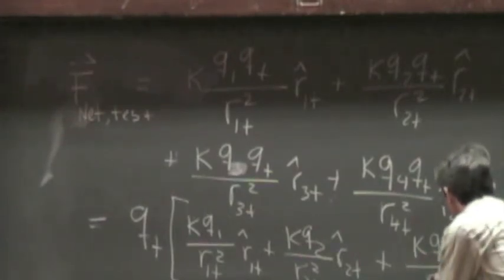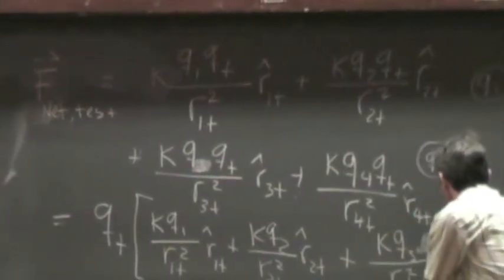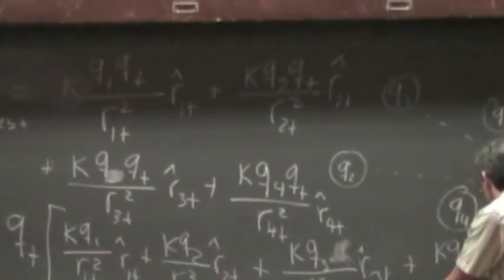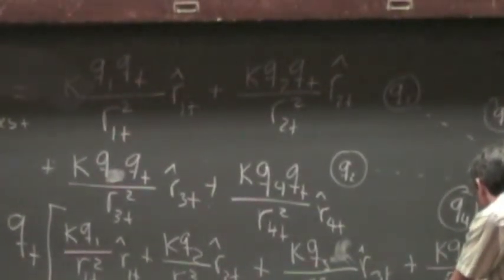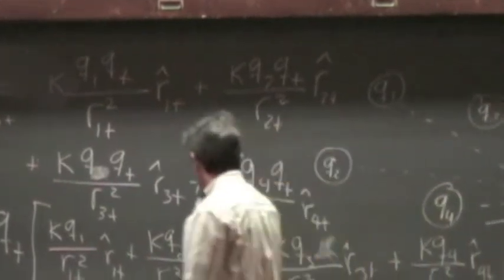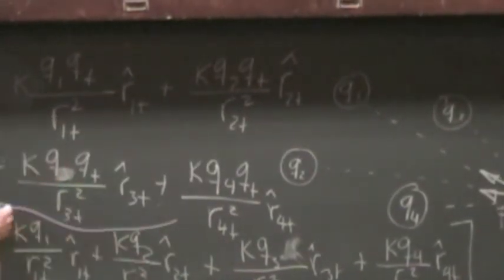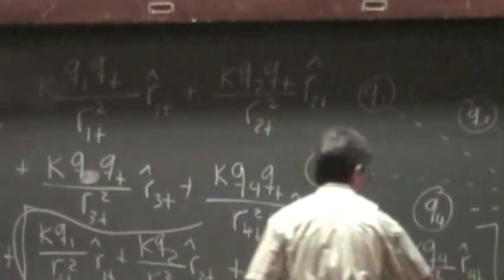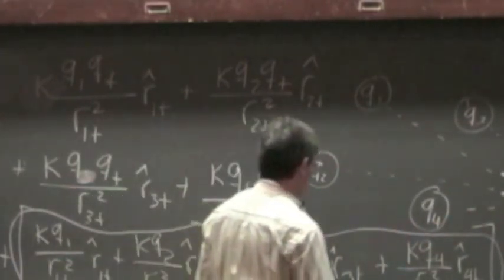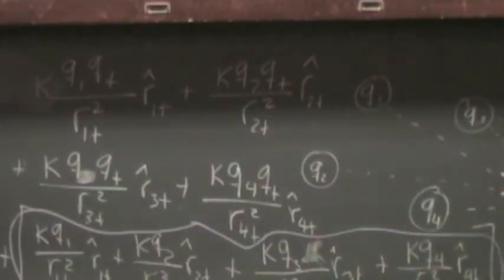There, R3T squared, unit vector 3T, plus Q4 over R4T squared, unit vector 4T, and I'm done. So this whole thing is what I call the electric field. Me and everybody else. So this is the electric field.